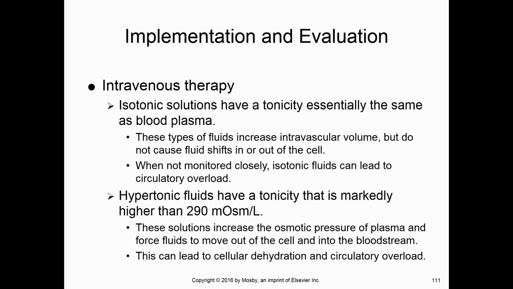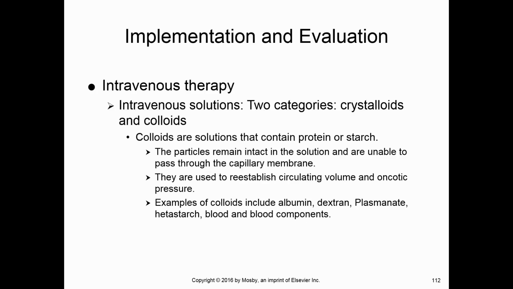And so if we keep pulling fluid out of the cells, when we correct the problem, we need to stop this fluid. If we keep going with this fluid, we're going to create yet another problem. We're pulling all the fluid out of our cells, so we're going to have cellular dehydration, and we're pulling that fluid out of our cells and putting it in our vascular system, so we're going to cause a circulatory overload.